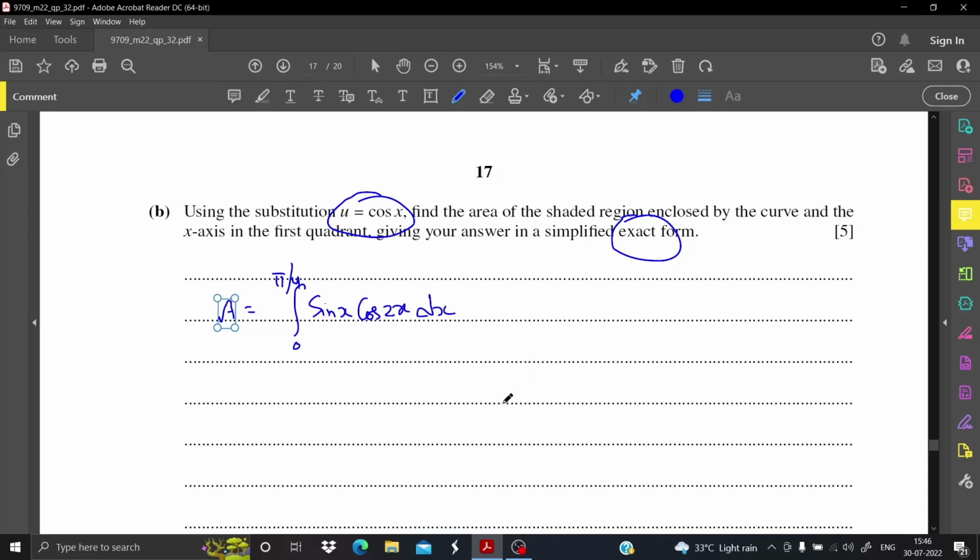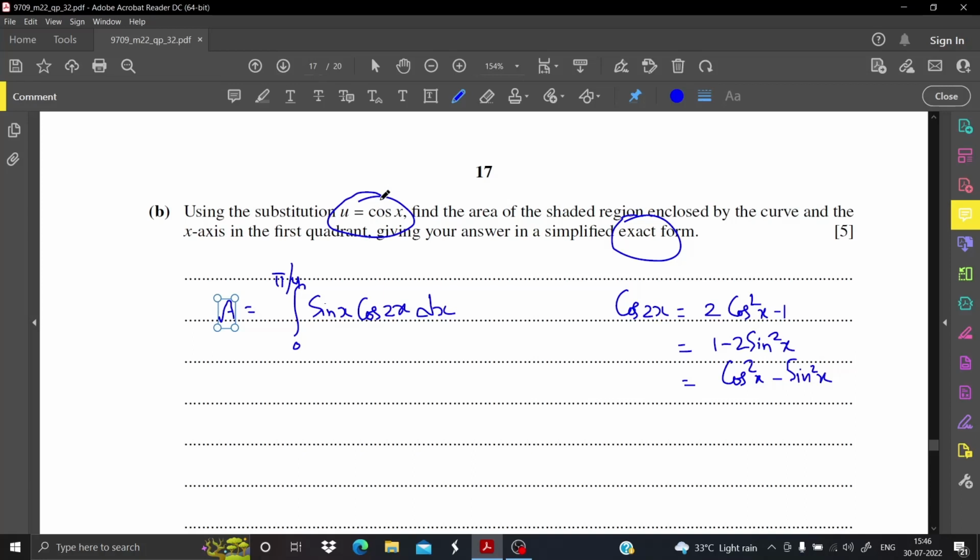Now it said use the substitution u equal to cos x. So as I said, there are different formulas for cos 2x. Let me write once again. This can be written as 2 cos square x minus 1, and also 1 minus 2 sin square x, and sometimes we also have cos square x minus sin square x.